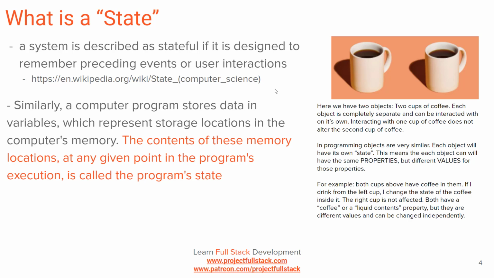The contents of those memory locations at any given point in the program's execution is called the program state. So all your state is basically whatever variables and anything you have defined in your program at that time and what they equal. So when I talk about an object's state, I'm talking about the object in memory and what we have defined on it and what the values are for that.